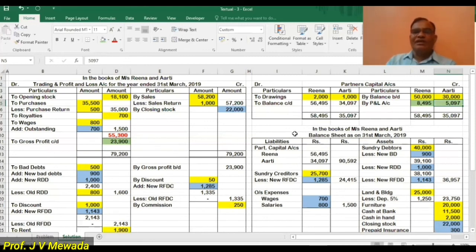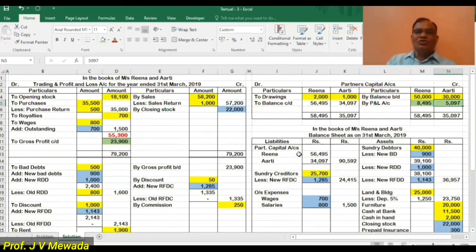When we'll close this capital account, the balance of the Reena will be 56,945 and the balance of Aarti is 34,097. Both we are going to place once again. Now the balance of the Reena and Aarti is 56,495 and 34,097.